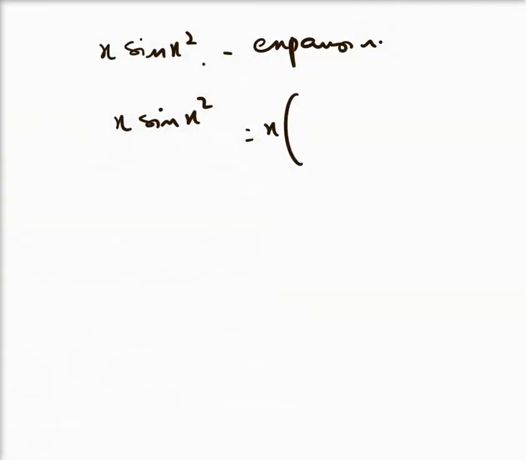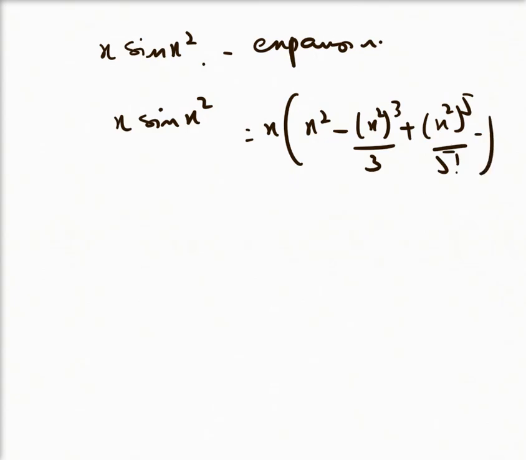So instead of x, x squared minus (x squared) cubed over 3 factorial plus (x squared) to the power 5 over 5 factorial. Now expanding it, multiplying this with this, we are getting x cubed minus x^7 over 6 plus x^11 over 120.